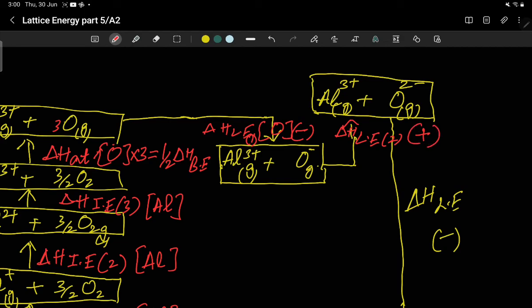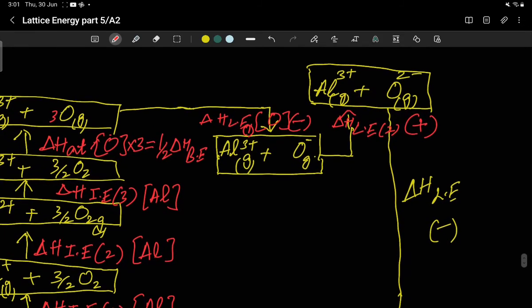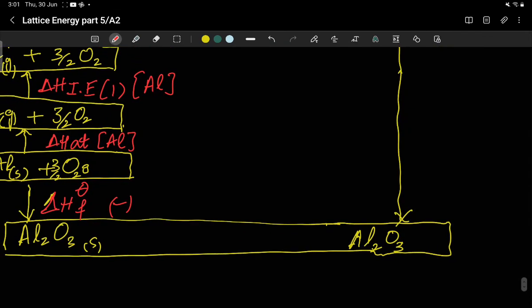And now two opposite ions react with each other to form aluminum oxide.